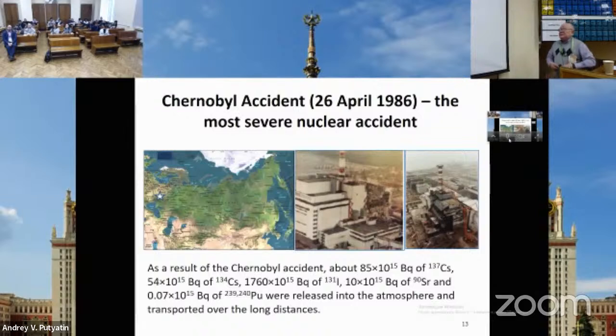They were released into the atmosphere and transported over long distances, especially cesium isotopes and iodine isotopes, contaminating the whole of Europe, actually.